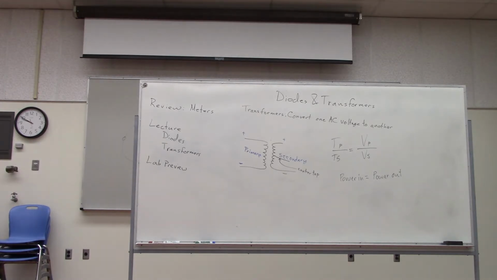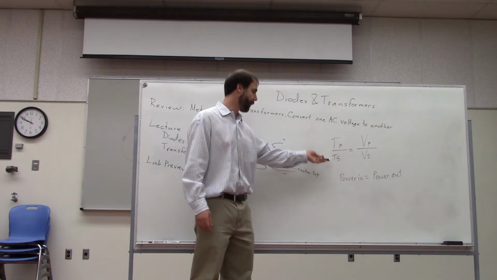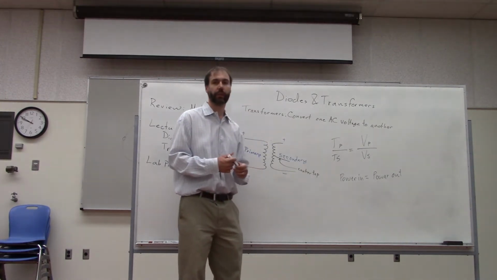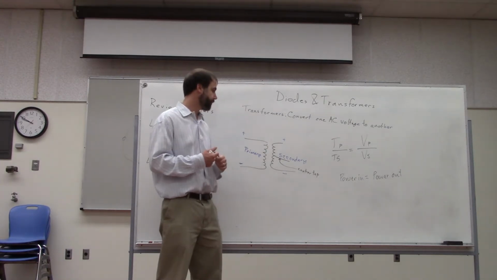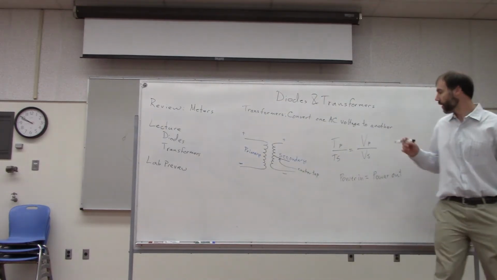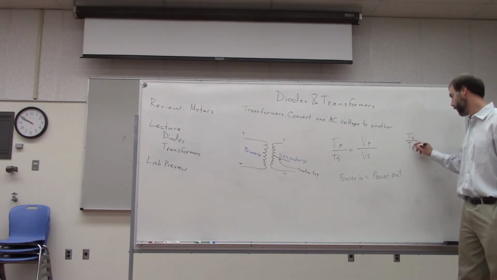So we call the number of turns on the primary over the number of turns on the secondary the turns ratio. Okay? And in fact, it's usually written as the number of turns on the secondary over the number of turns on the primary.